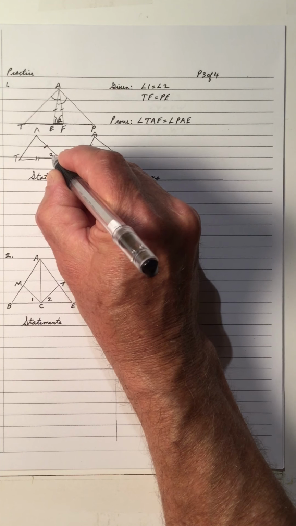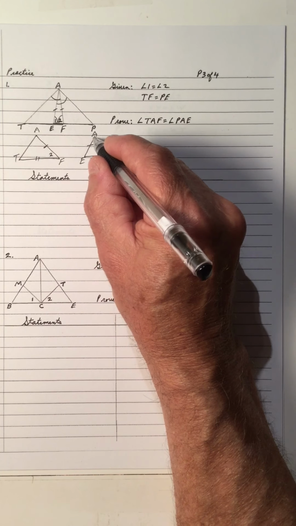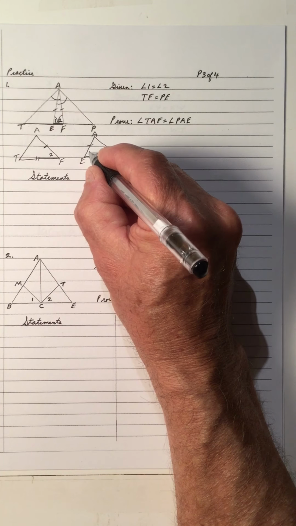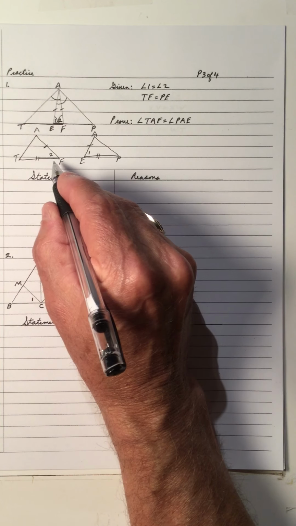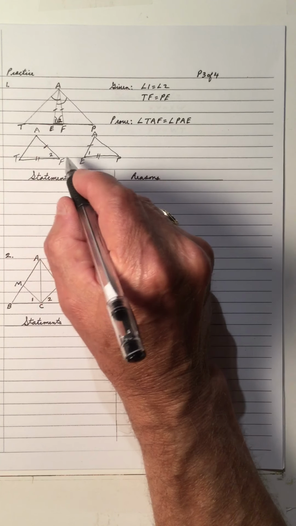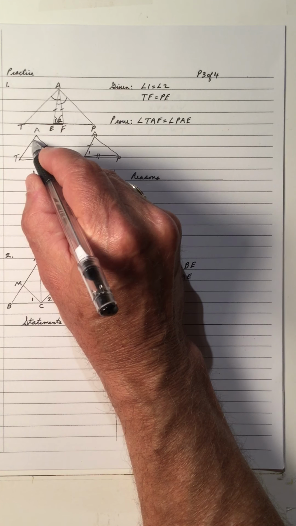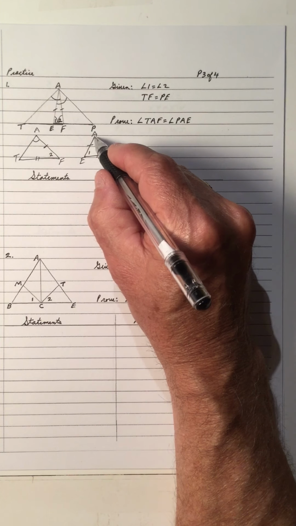There's angle 2 right there. AFT is angle 2. AEP is angle 1. So these two triangles are congruent by SAS congruency. And that makes, notice the angle TAF, which is this angle right here, is going to equal angle PAE.